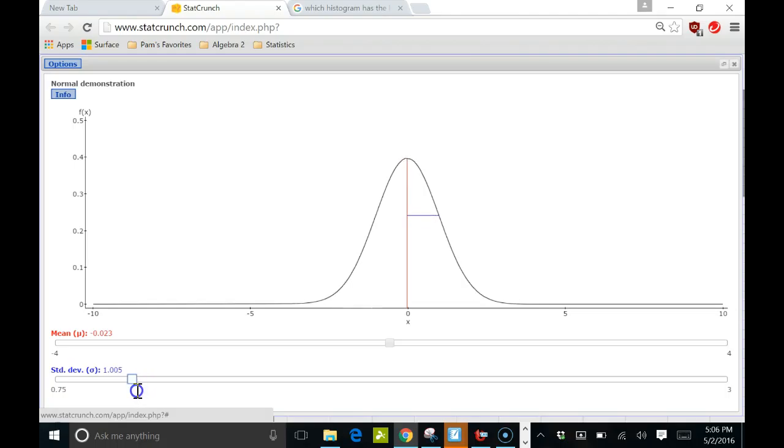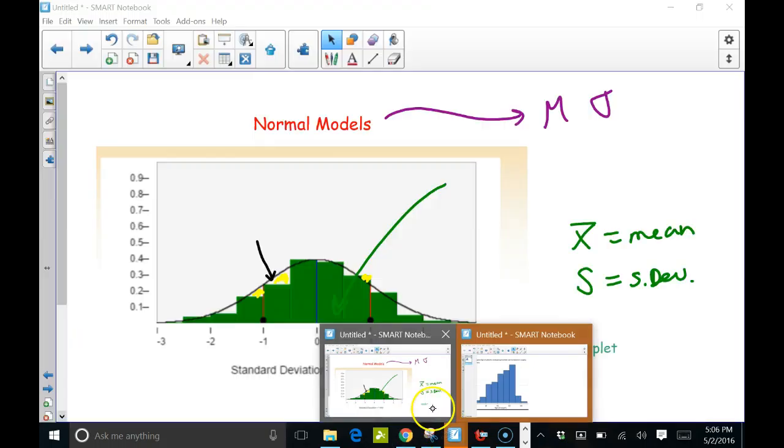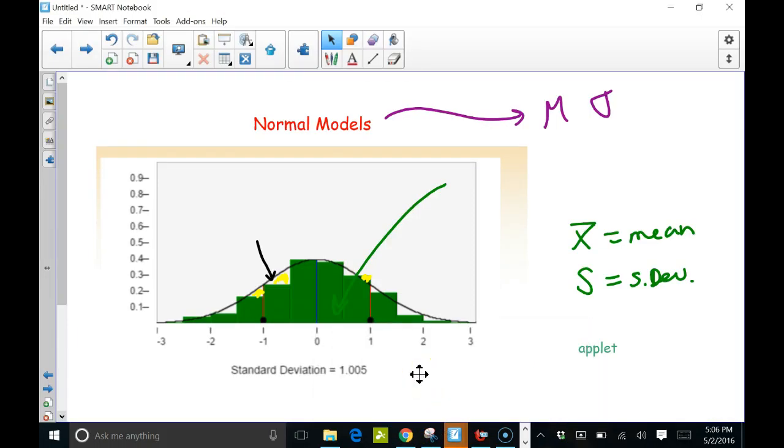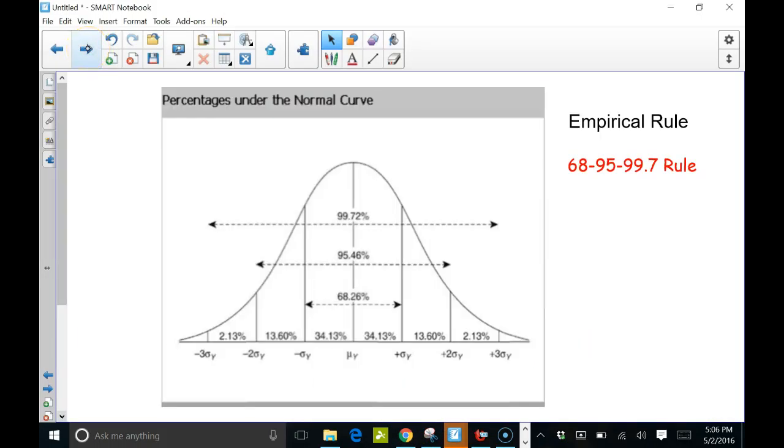So let's go now and look at a normal model. So going back into our presentation here, this is what we typically think of as the normal model. Remember, it's superimposed on real data. So the center, or what we call the mean, we're going to designate with the Greek letter mu. And then we move out in standard deviations.